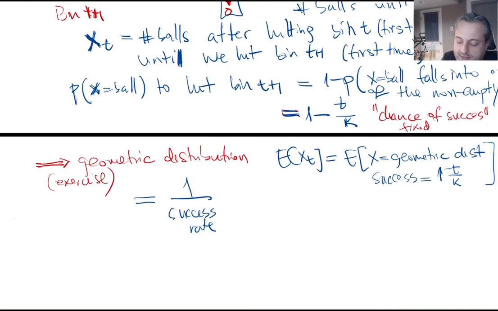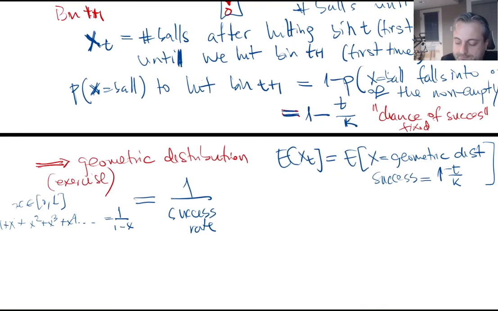It's the sum that goes 1 plus x plus x squared plus x cubed plus x fourth and so on and so forth, which is equal to 1 over 1 minus x, if x is any number between 0 and 1. So we're using that formula because it's a geometric distribution.